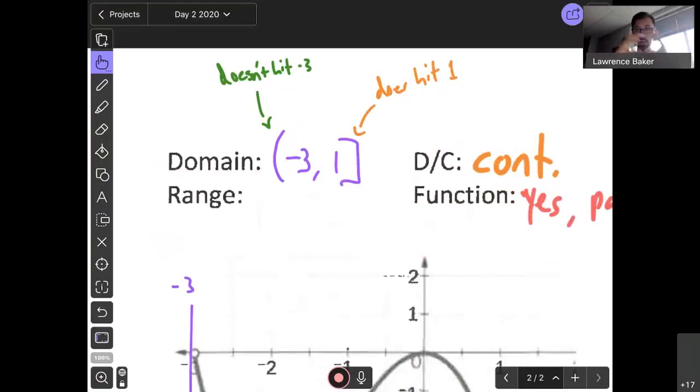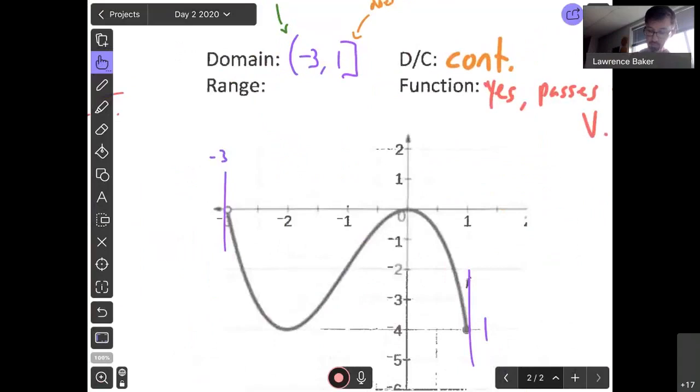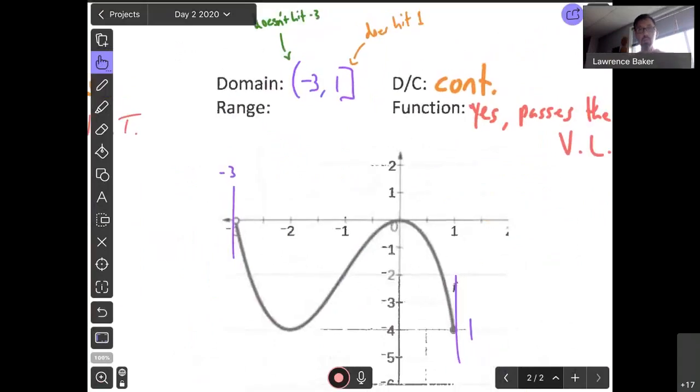So we're able to write that whole phrase, which took quite a few words, with 5 symbols. That's why we have interval notation, to really shorten down the writing. But you have to spend time reading it correctly. Anything you guys want to talk about there with the domain?